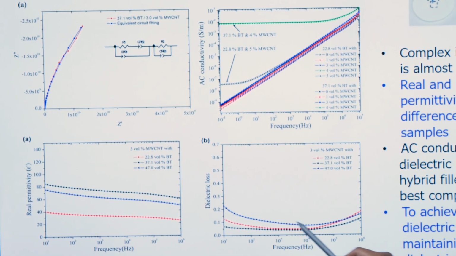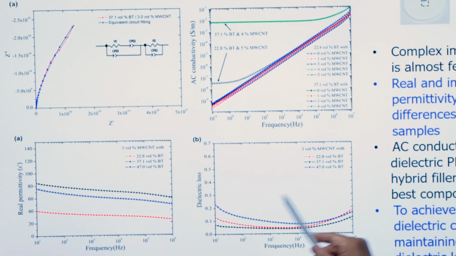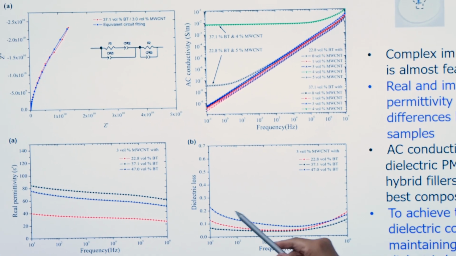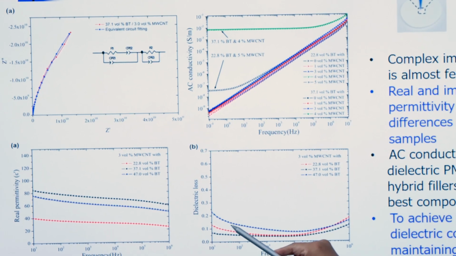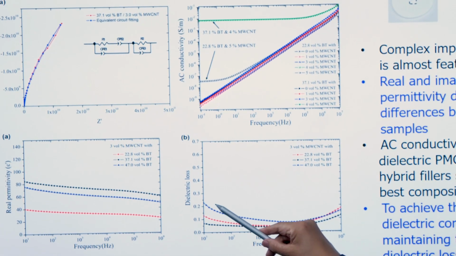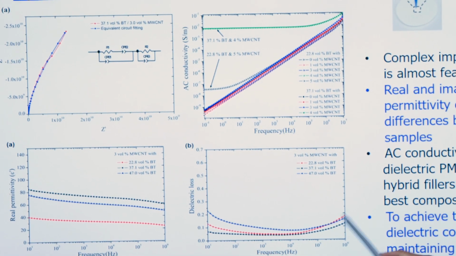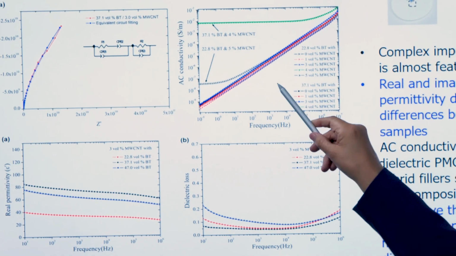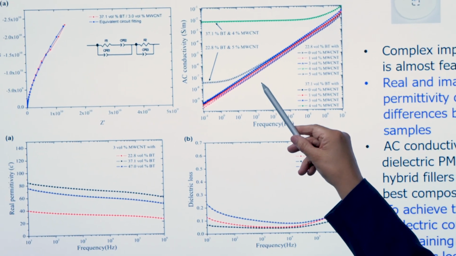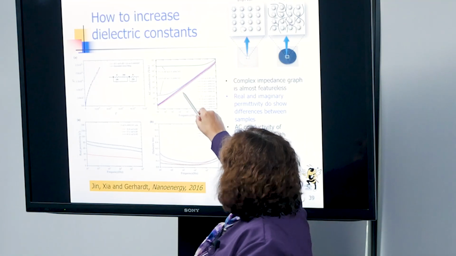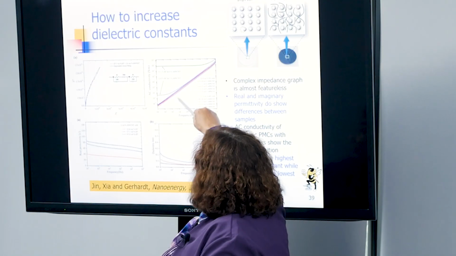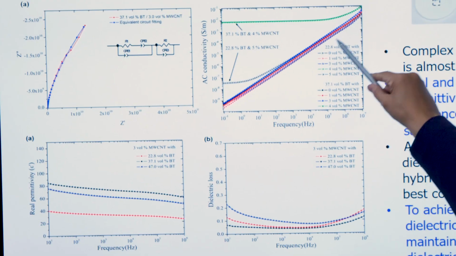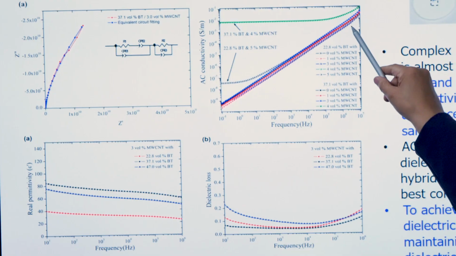And the loss at a high content of BT ends up getting higher than 0.1. It's approaching 0.25. But then if we convert this data to the AC conductivity, which is the real part of the admittance, we now see all the insulating samples line up very nicely.